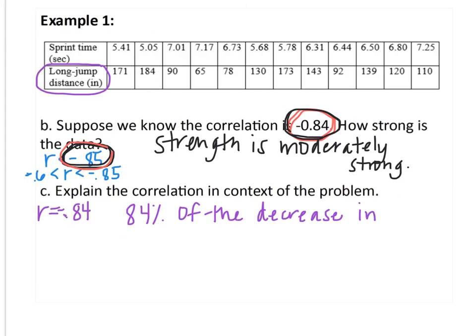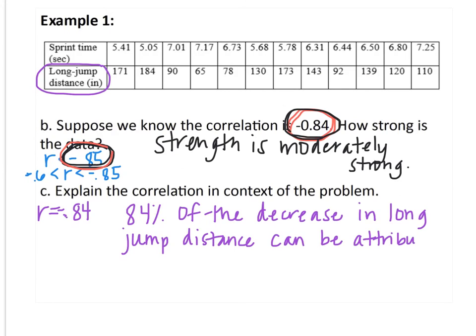So 84% of the decrease in long jump distance can be explained or can be attributed to the increase in my sprint time, or to the change in my sprint time.